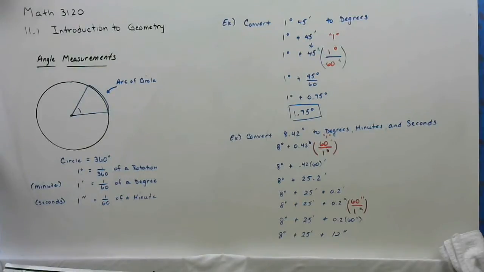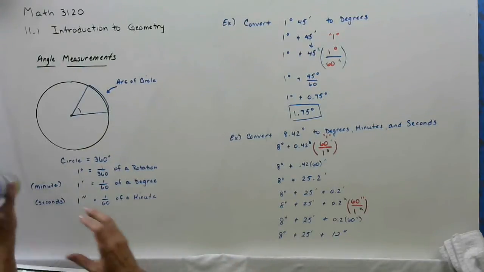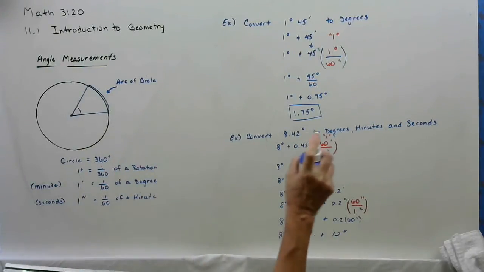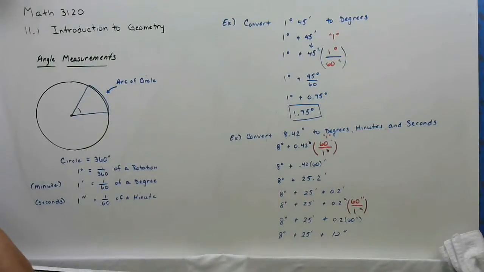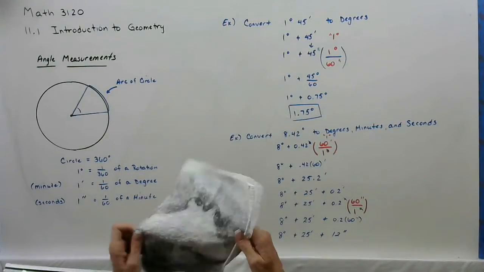So now that we've talked about angle measurement and what an angle comes from, how many degrees there are in a circle, let's look at some angle classification.